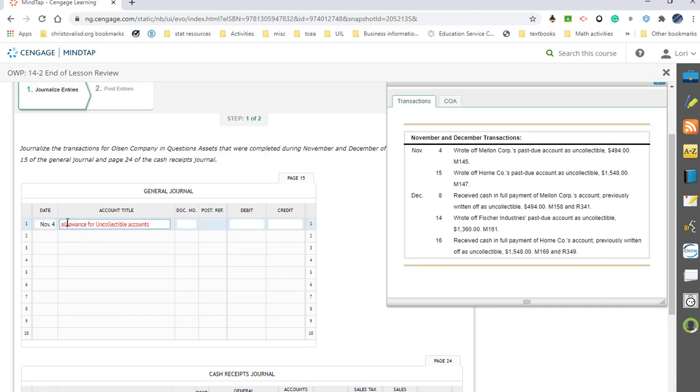What did I misspell? Oh, 3 L's. And this is from our memo 145. And this is going to be our debit of $495 or $494.